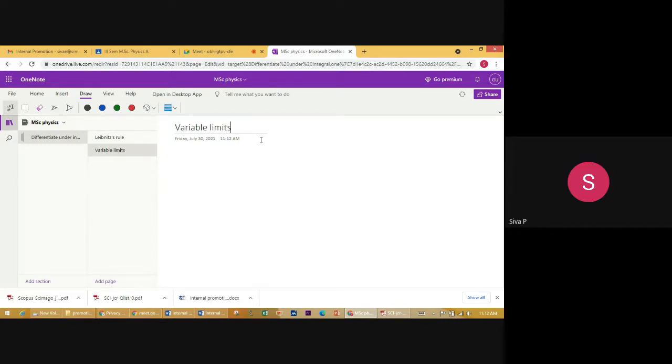Variable limits. Write the example for this.